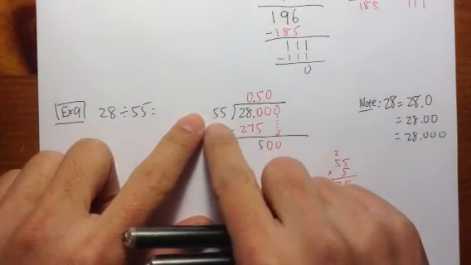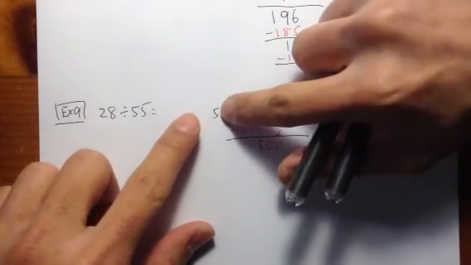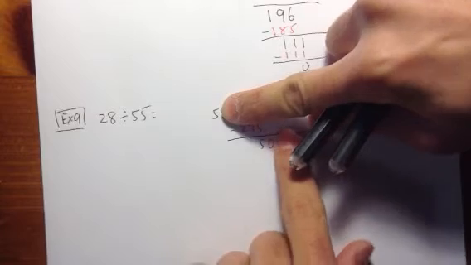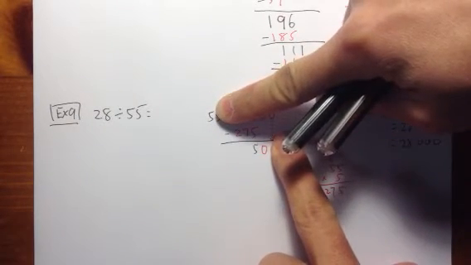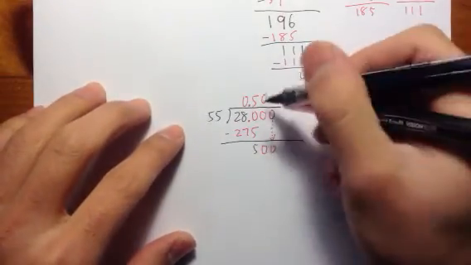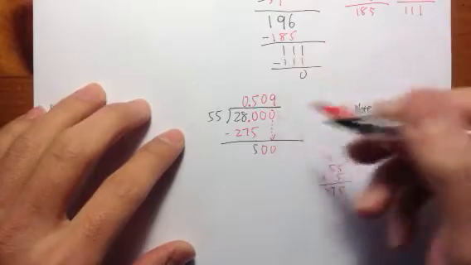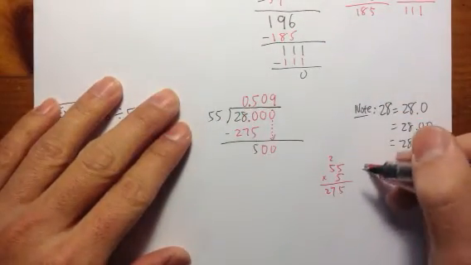And then 55 goes into 500. If you take a look at 5 and 50, 5 goes into 50 10 times. So we should try with 9. Let's put 9 right here, and then I need to do 9 times 55. So I'll do this on the side.